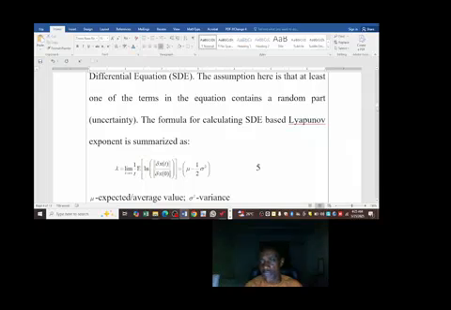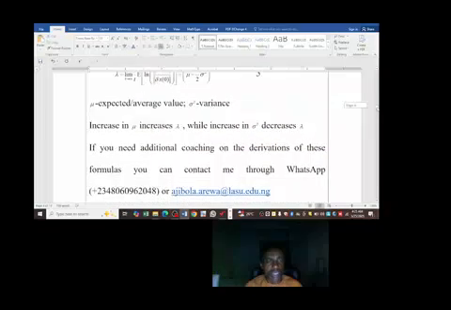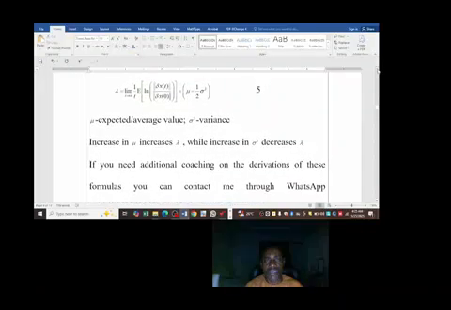Now let's have the terms defined. Mu is the expected or average value, and this is the variance. If you have a time series, we compute the mean value, then we compute the variance. We can simply get the Lyapunov exponent. A very simple formula.